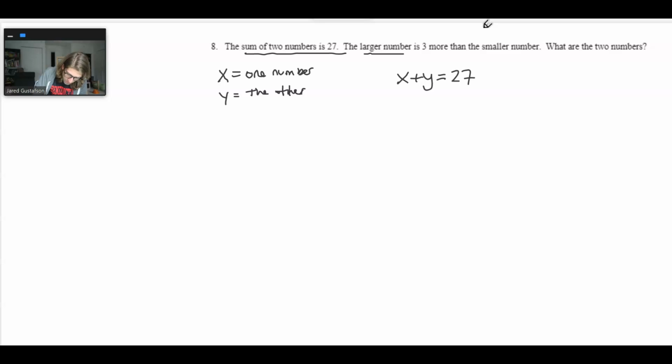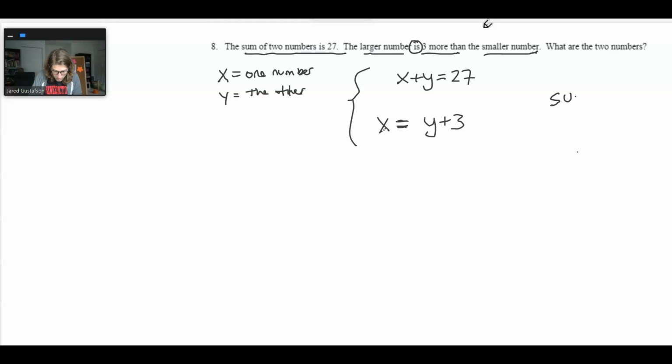Let's just say x is the larger number. The word "is" we can think about as an equal sign. 3 more than the smaller: we take our smaller number, we add 3. Those are our two equations: x plus y equals 27 and x equals y plus 3.